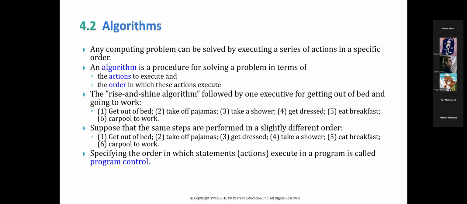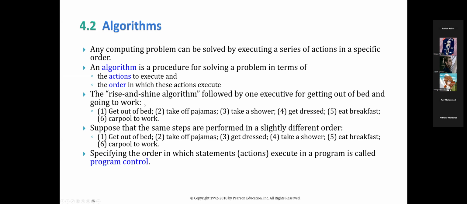What is an algorithm? An algorithm is like a recipe to do a specific task. Here it says an algorithm is a procedure for solving a problem in terms of the actions to execute and the order in which they execute. The rise-and-shine algorithm followed by one executive for getting out of bed and going to work.